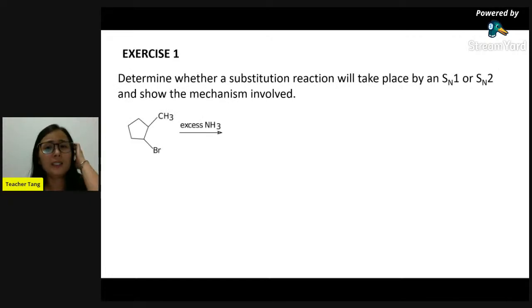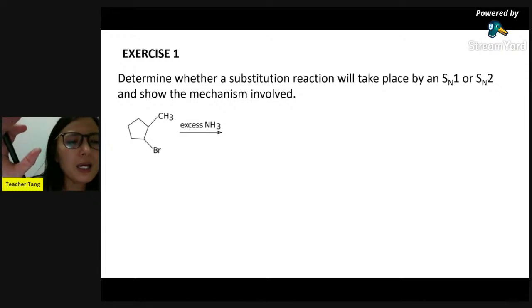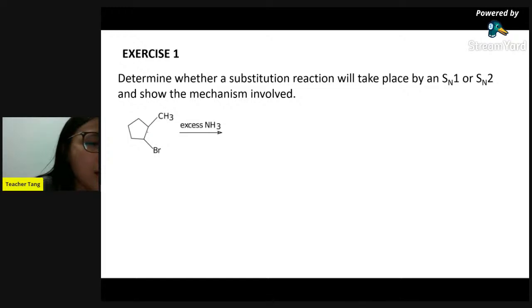So this is exercise 1. Determine whether the substitution reactions will take place by SN1 or SN2. For this question, again, first we determine our haloalkane. Here is the carbon that is bonded to the halogen. This carbon has one hydrogen, so it has two alkyl groups.